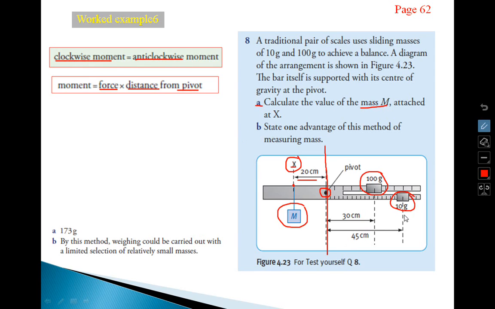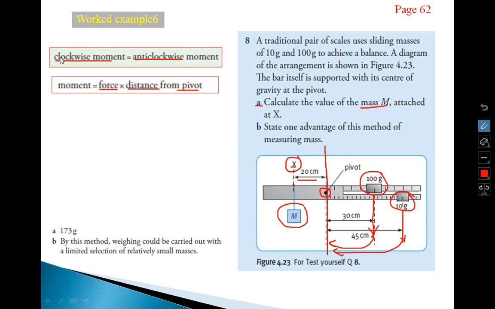This force is acting down, this one is down, so both of them are clockwise.